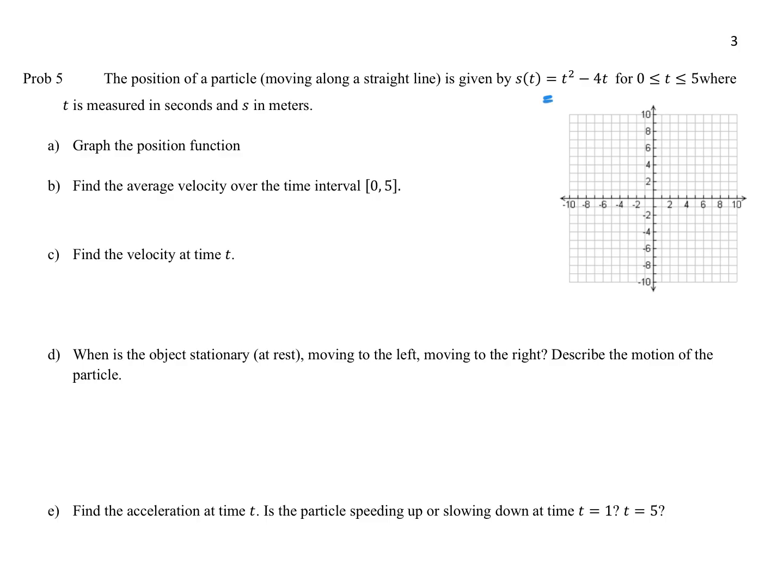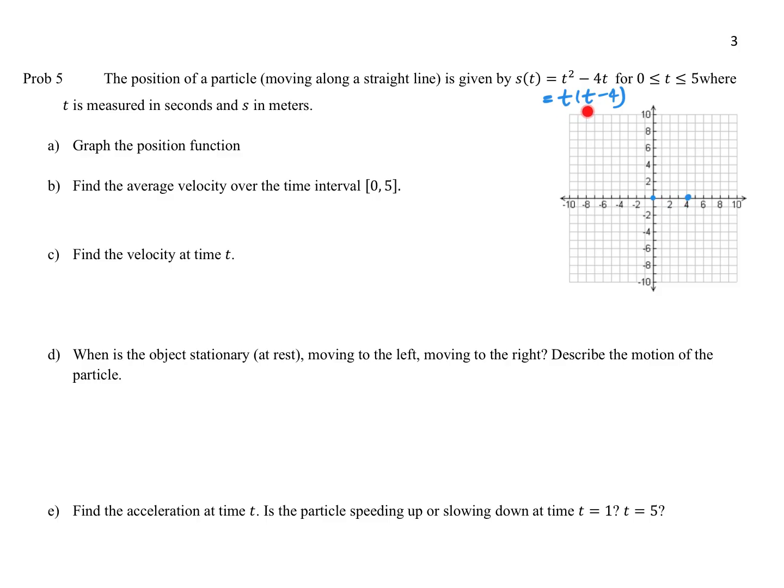I can graph that quickly by just factoring the t out, and therefore I know t equals 0 and 4. These two are the zeros of this parabola. The vertex is in the middle of the two, which is 2.